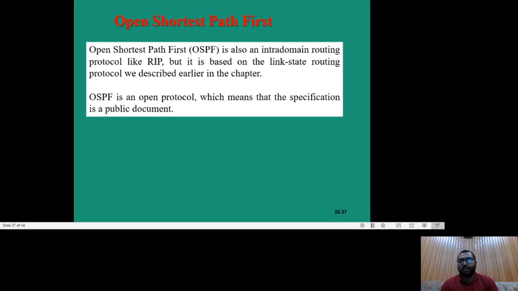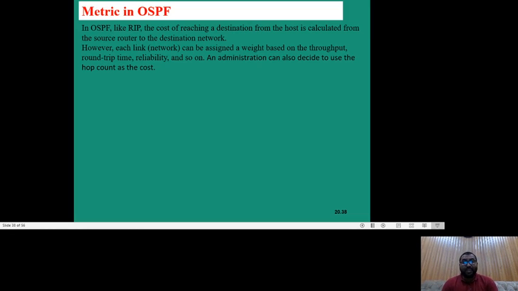But the only difference between these two is that it is based on link state, which means that a link state database, LSDB, will be established, and for that you need link state packets, and definitely a different mechanism will be used to update that link state database. So it is based on link state in contrast to RIP, which was based on distance vector.